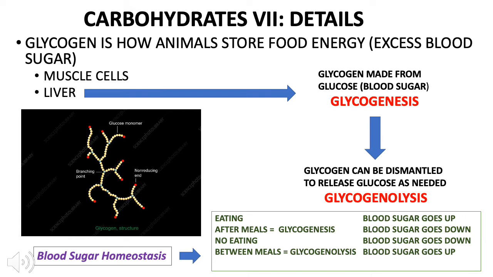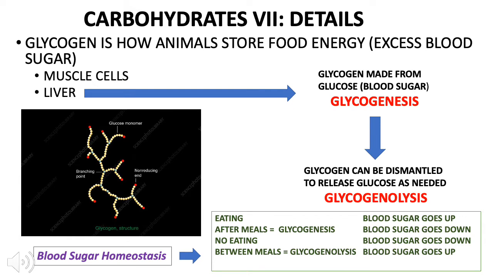Now, the word glycogenesis means creating glycogen. So what we're going to do is take the blood glucose levels and bring them down. And as we bring those blood glucose levels down, the glucose we are removing by the liver will be linked together to form glycogen. That glycogen will be stored in the liver for events and times when you might not have enough blood sugar.